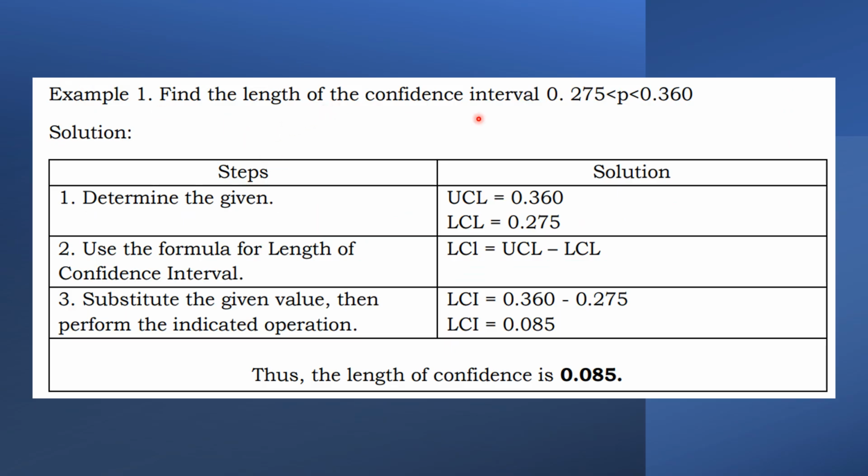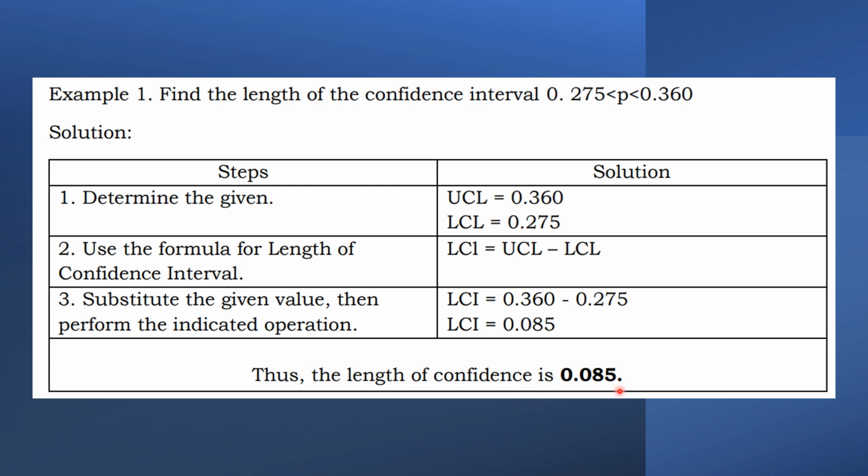Find the length of the confidence interval where the probability falls between 0.275 and 0.360. First step is to determine the given. We have the upper limit, which has the higher value, 0.360. The lower limit, that is the value with the lesser value, 0.275. Then use the formula. Subtract lang natin yan. So 0.360 minus 0.275. Therefore, the length of confidence interval is 0.085.